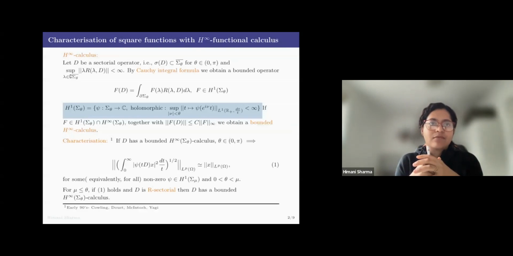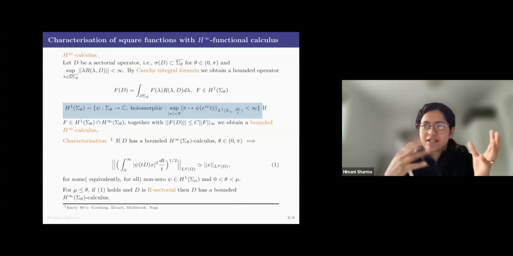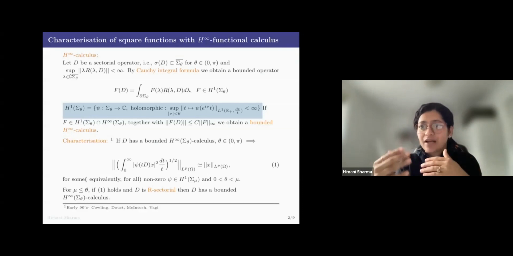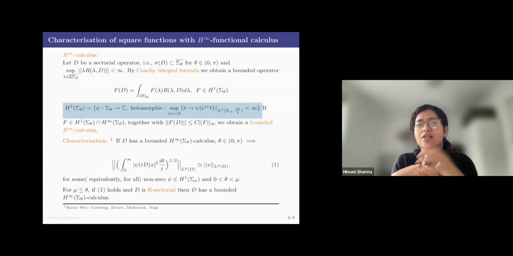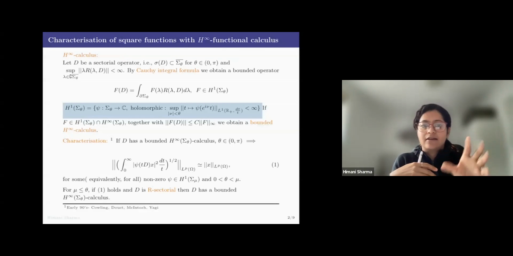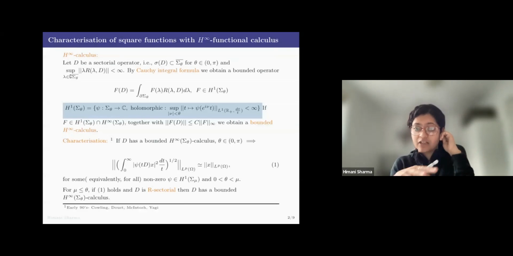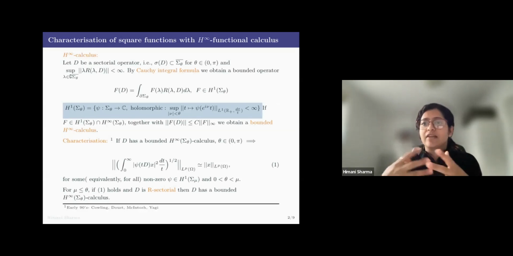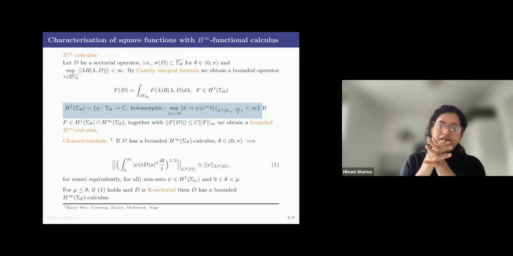You need a Rademacher sequence, which is a sequence of plus and minus 1 with probability of them occurring as half. If we have that, then the operator is said to be R-sectorial, and together with the square function condition, the equivalence of the square function, we get the boundedness of the H infinity functional calculus. Now, this is what we have.